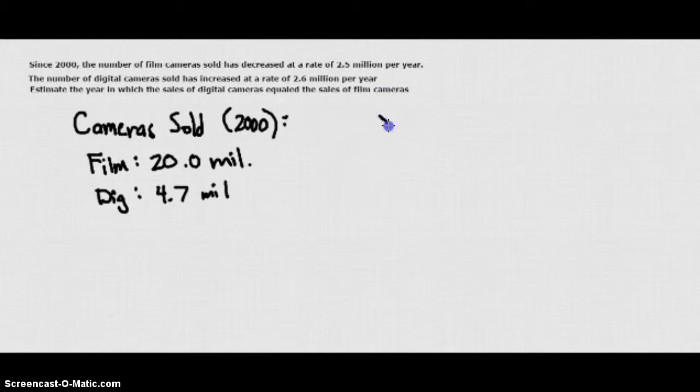So my total number of cameras sold is going to be what they originally sold in that year 2000. So for instance, for the film, it's going to be 20 million. And then since the film cameras decrease at a rate of 2.5 million per year, we're going to subtract 2.5 times the number of years x from that original sale in 2000.